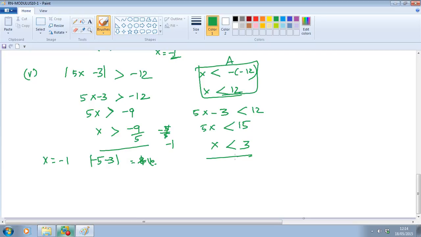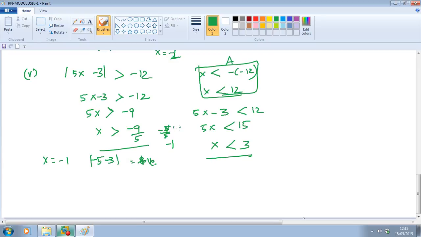When you say x is less than 3, 2 is less than 3, or x is greater than minus something, any positive number is greater than minus 9 by 5, or if x is less than 2 also it's good. That means the entire number line.